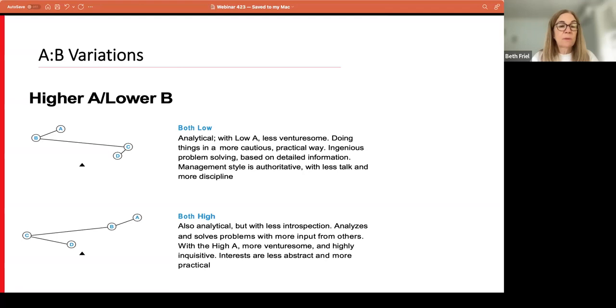Because with higher A, lower B, both low, it's still analytical, but less independent. When both high, it's actually more collaborative, but it's still a fairly analytical profile.